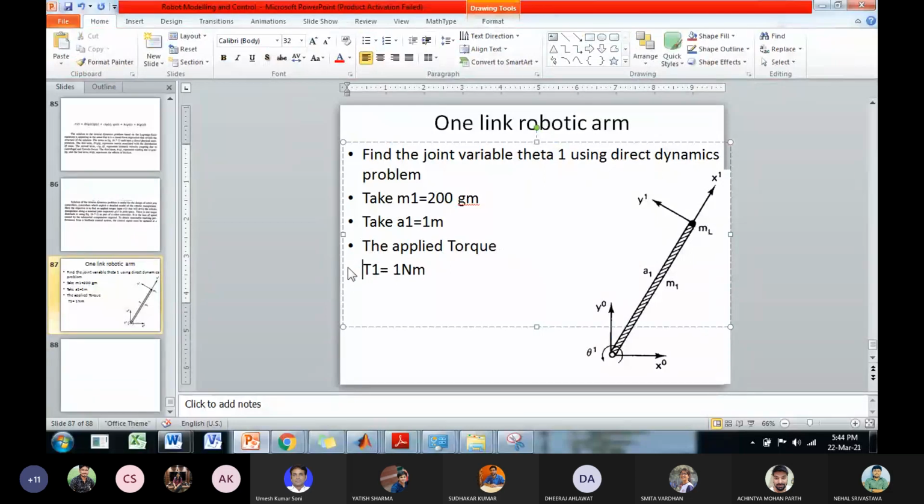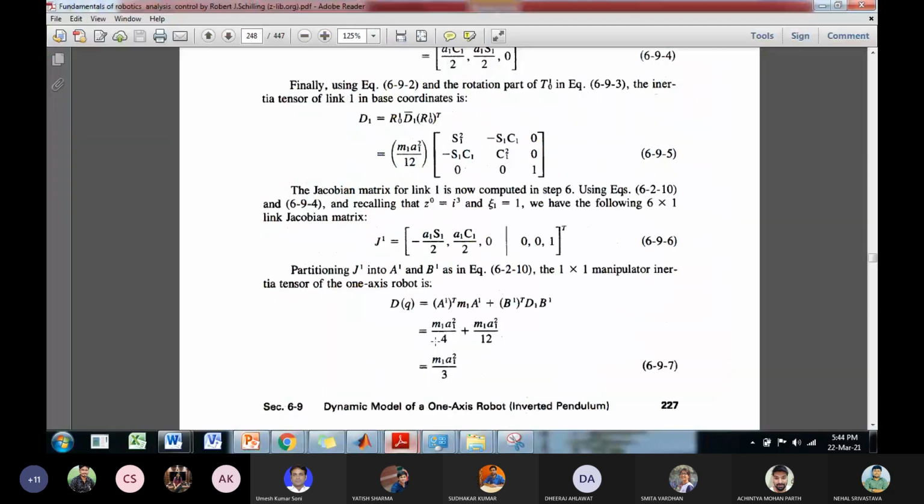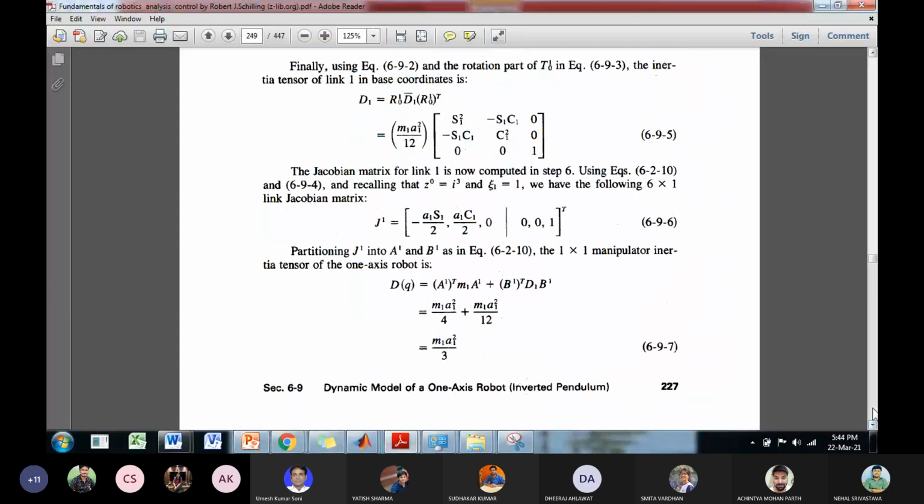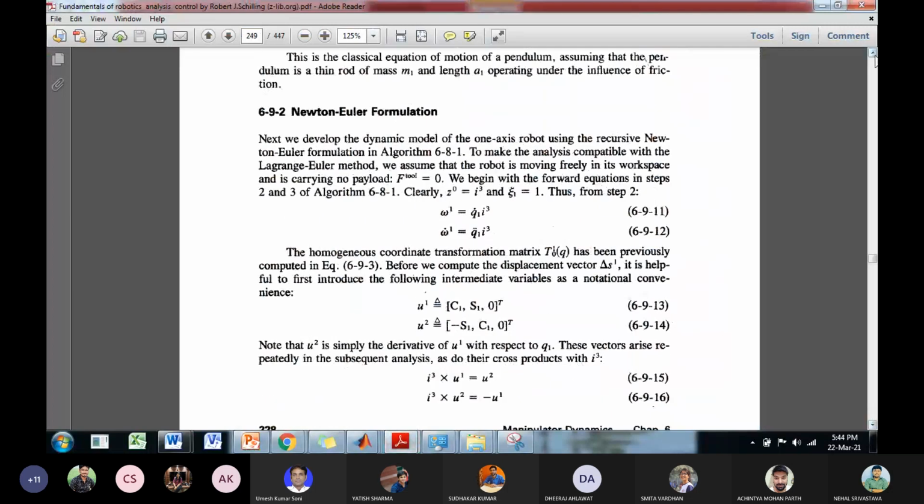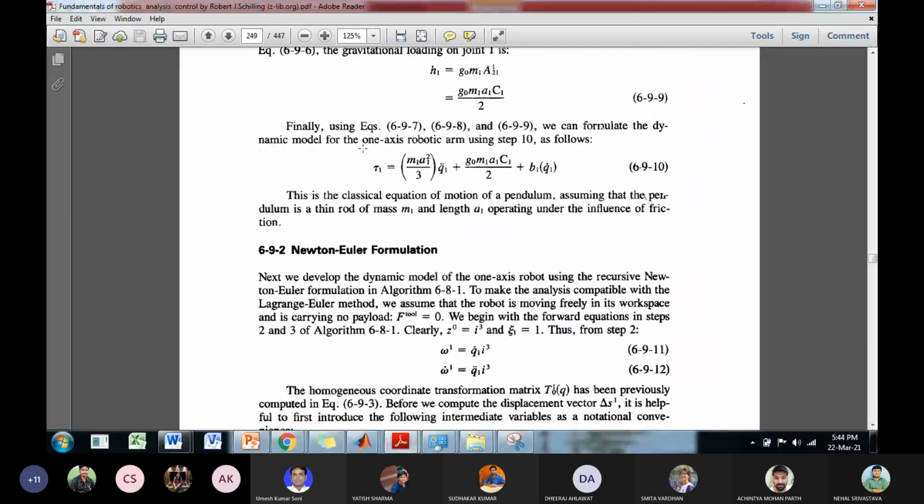So for this, what should be the joint space trajectory? So first you determine the variable equation for this robot.